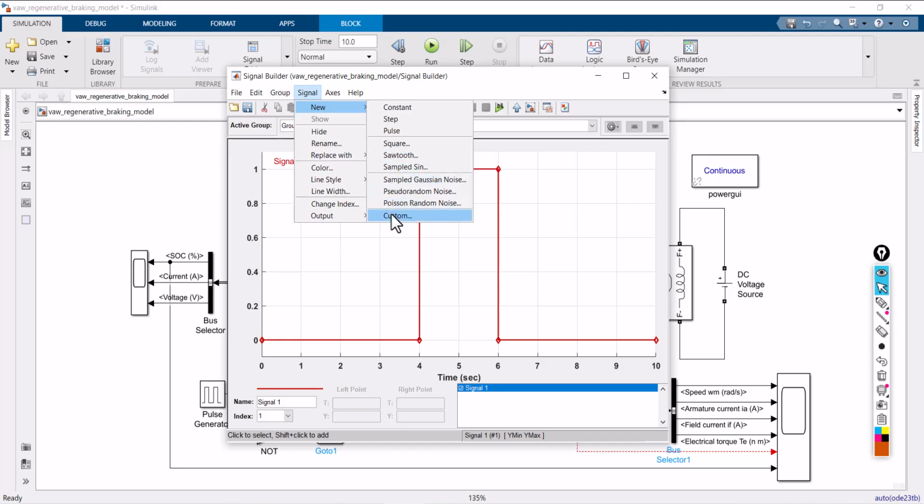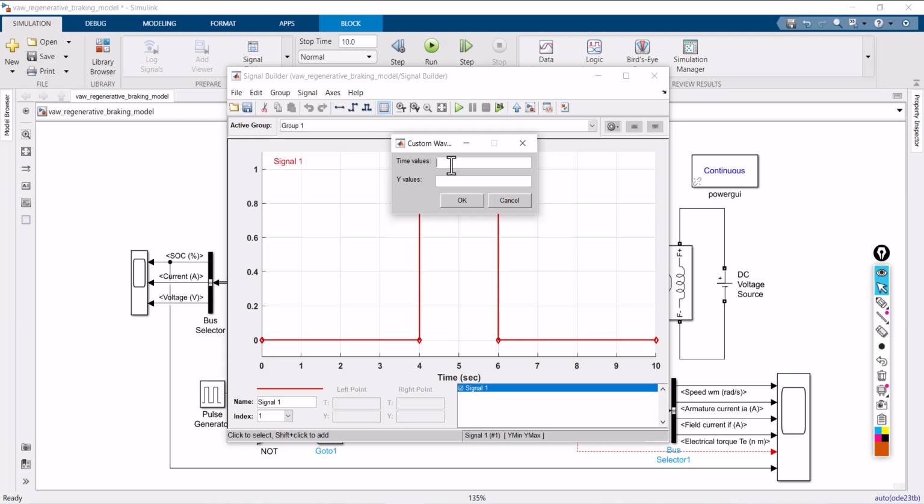I'm going with the customized signal. Here I'm going to put in the X and Y values. Let me take some 8 values. The number of values in time must be equal to the number of values in Y.